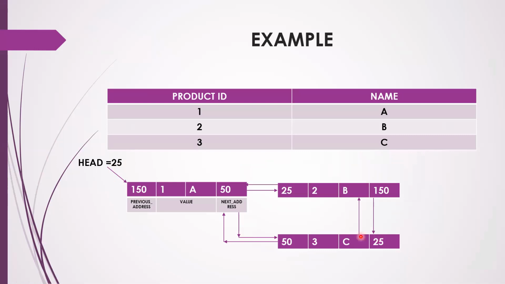As you can see, the last node C, the product 3C, has the next address as 25, which is pointing to the first node. And you can see the previous address of the first node points to the last node address 150.